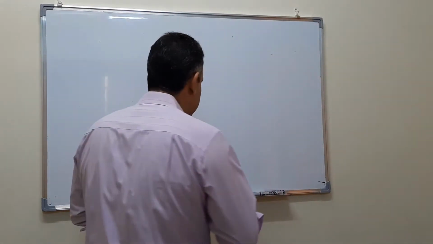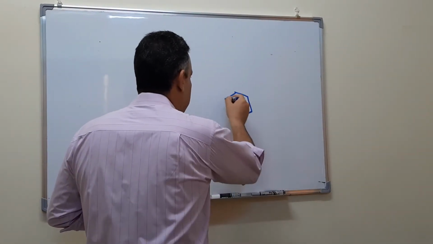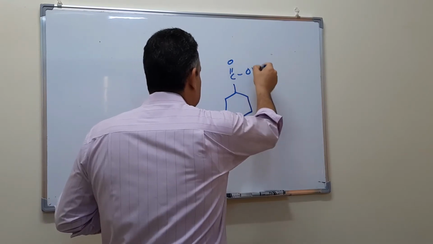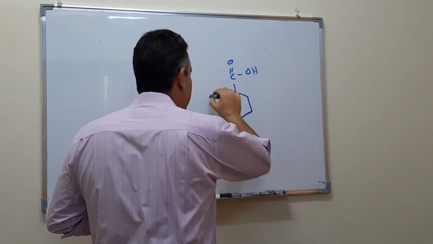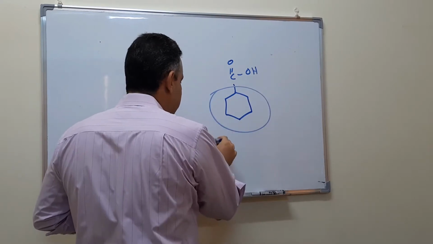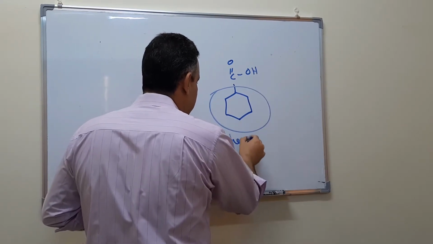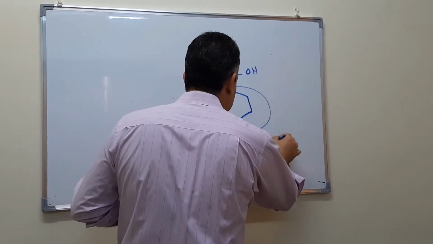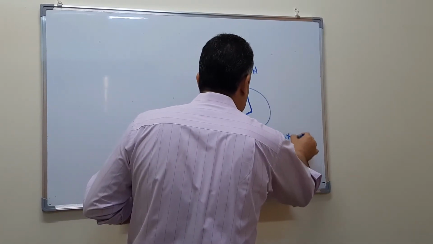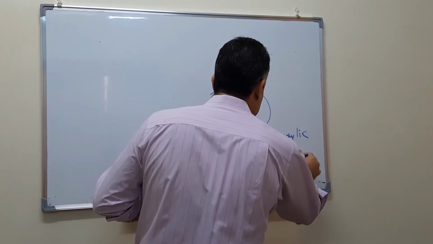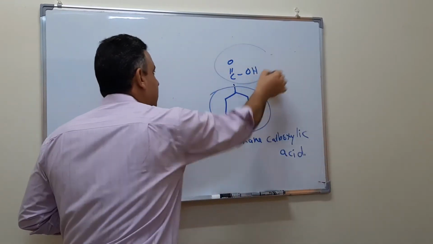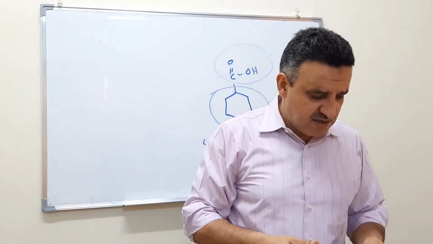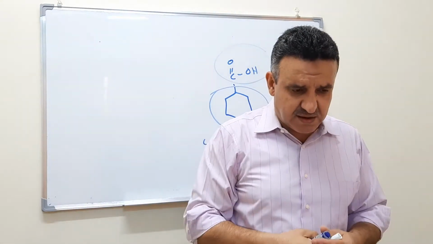If we have cyclohexane attached to a carboxylic acid, we name the parent, which is simply cyclohexane, and then we add after that carboxylic acid for this functionality. So these are the two parts for the nomenclature of the carboxylic acids.